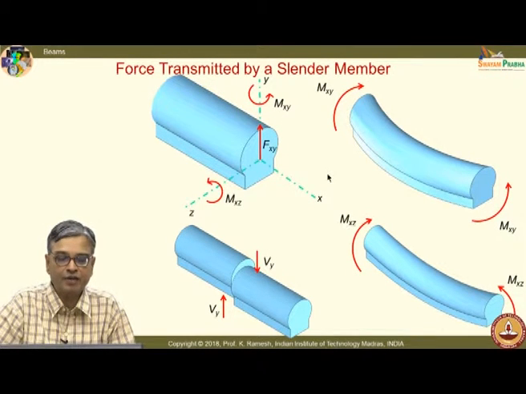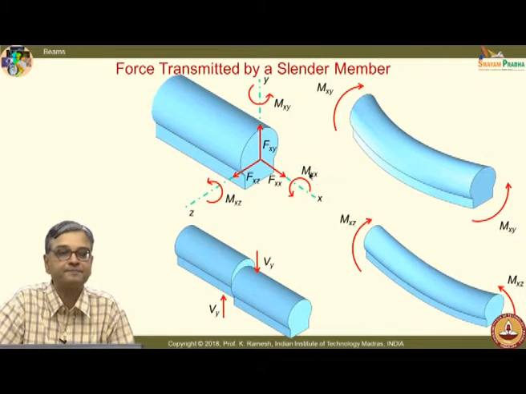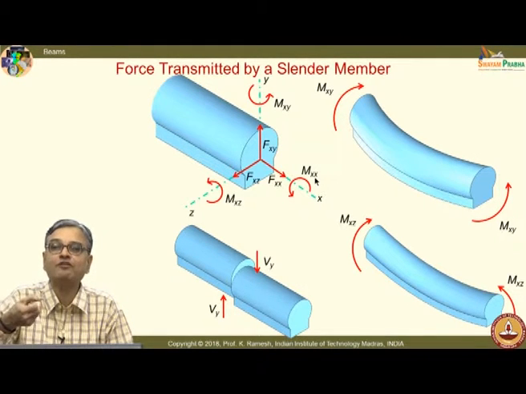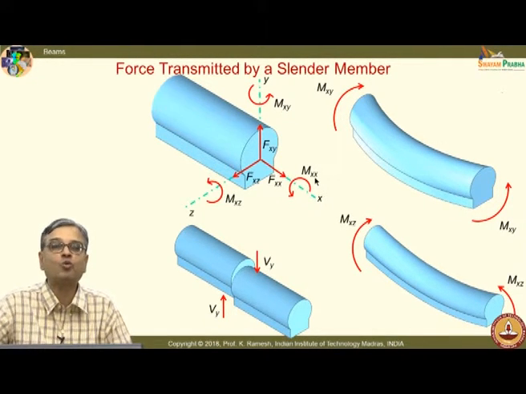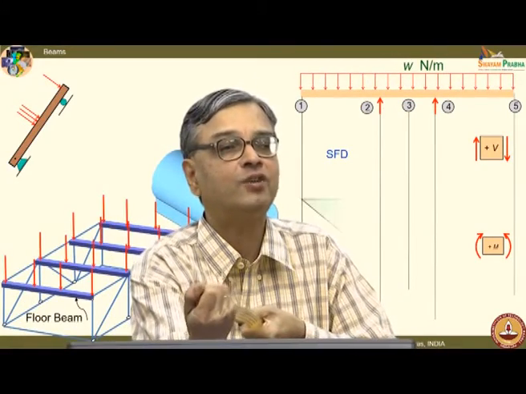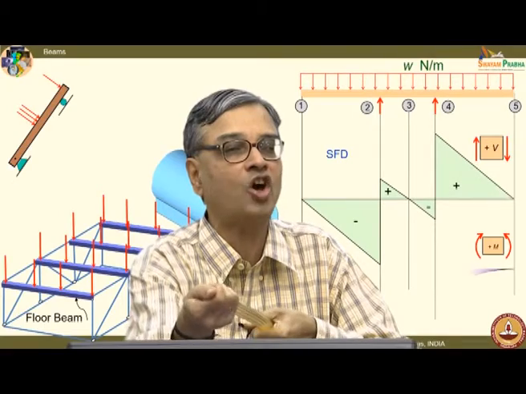Then finally, I can also have a force in the x direction and a twisting moment. The moment mxx is also a moment, has the same units as Newton meters. Because it does the action of twisting the member, you qualify that as a twisting moment. You also call this as a torque.